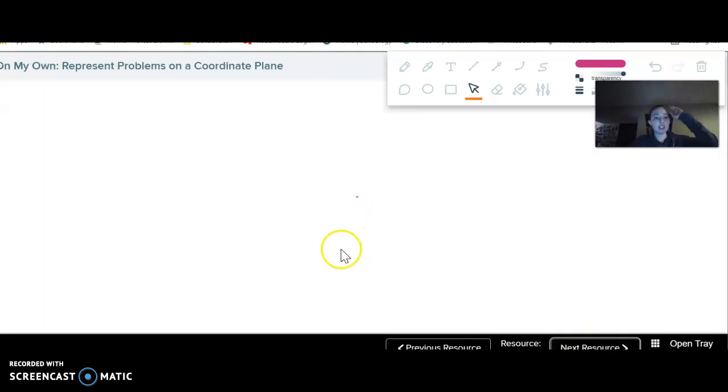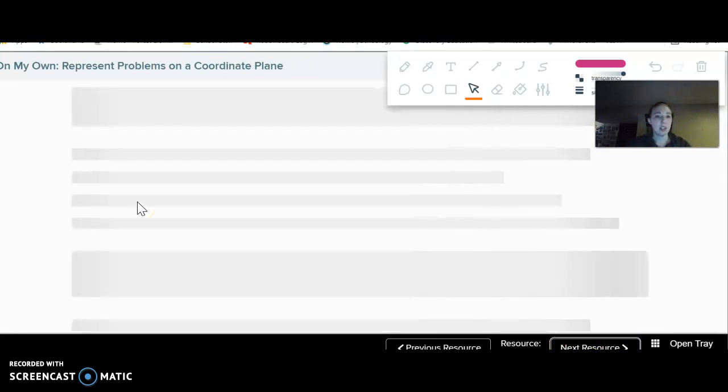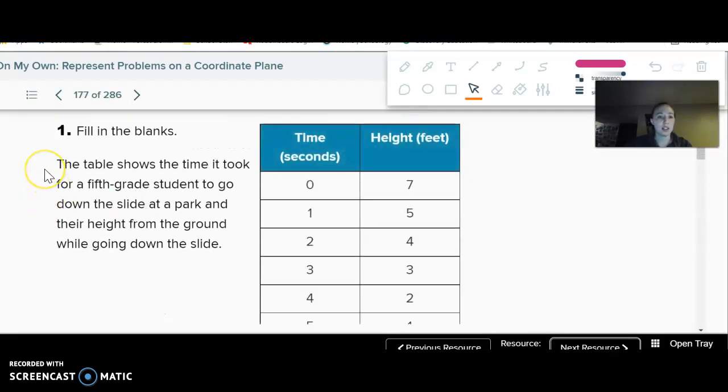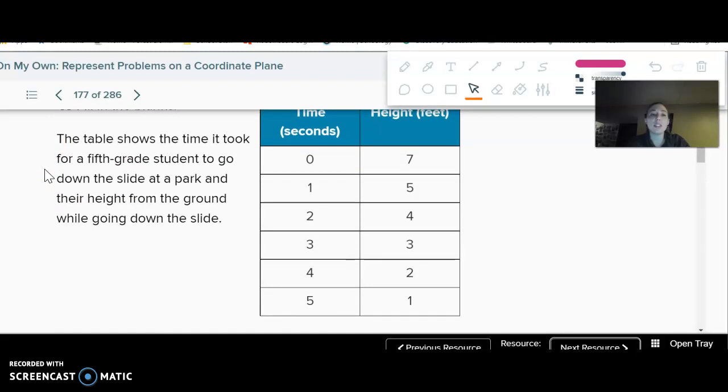All right, the next one, they're going to give you some points. So the first thing, all right, the table shows the time it took for a 5th grade student to go down the slide at a park and their height from the ground while going down the slide. So picture, okay, they're going down a slide.